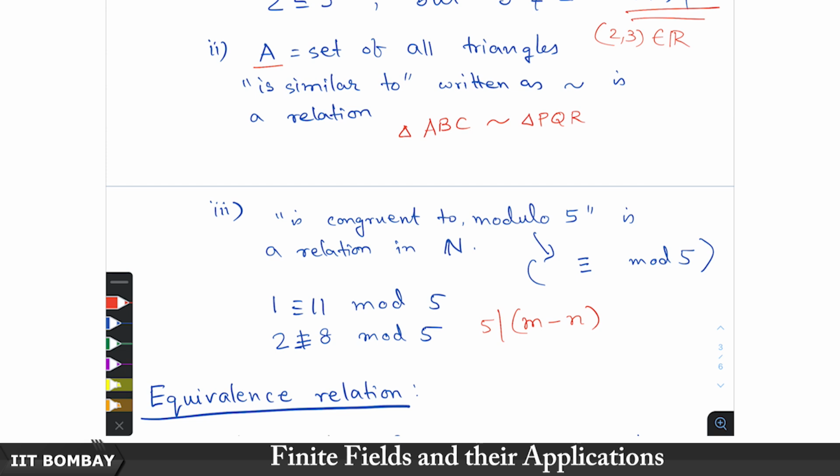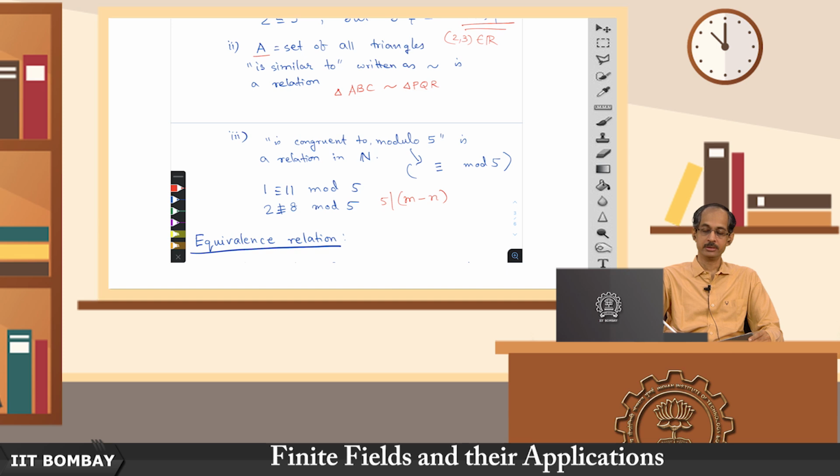Which means also that if you divide m by 5 and you divide n by 5, both will give the same remainder. Now, for example, 1 and 11 are congruent modulo 5. So, we write it this way, 1 is congruent to 11 modulo 5, 2 is not congruent to 8 modulo 5. Okay.